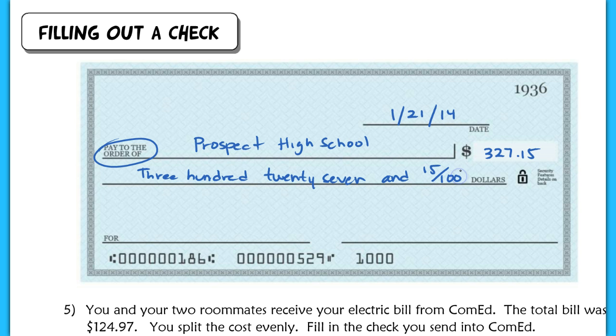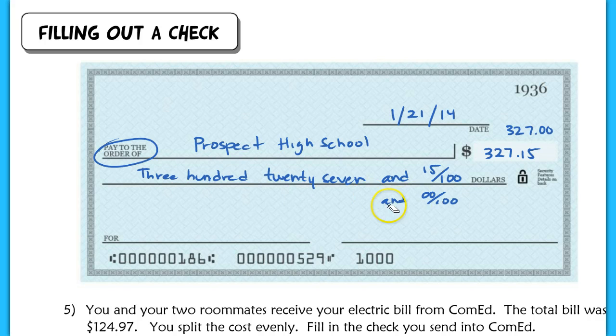I'm going to put this in cents and show that it's 15 over 100. Now, if this had been $327, just normal, no decimal or no cents, I would write this as 0 over 100. Oops, not 1,000. Okay? So that's how you write out the basics of a check.